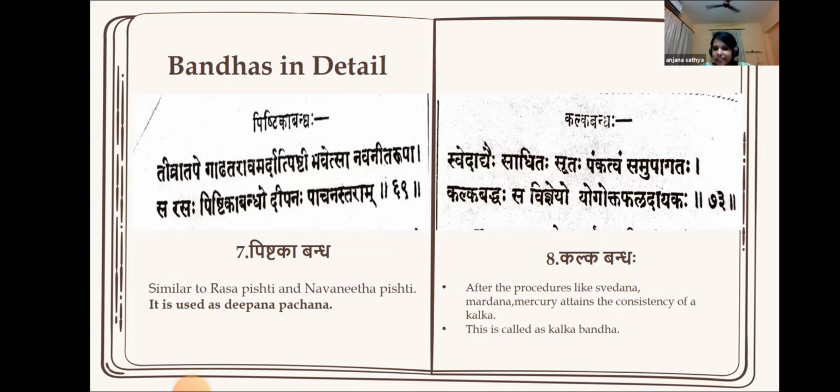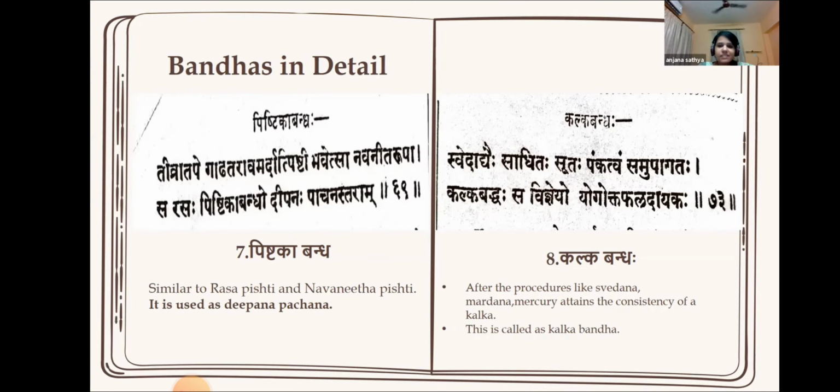In this, as the name indicates, the end product will be in a paste form. It is more or less similar to Navani Pishti and Dresa Pishti, that is explained in the Paribhasha. The Pishtiga Bandha is prepared by triturating the Parada under the sun in a Galva Yandra.